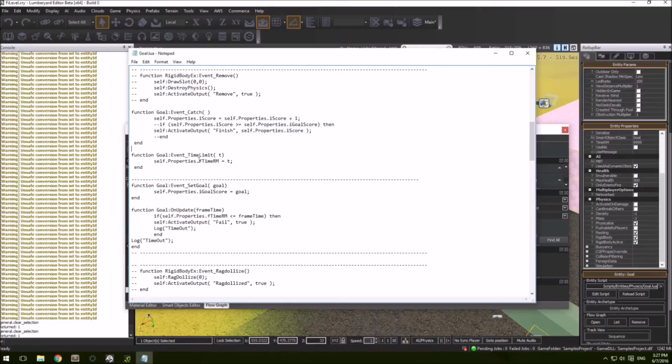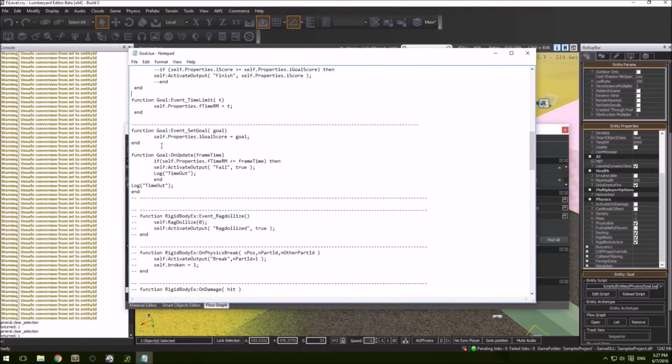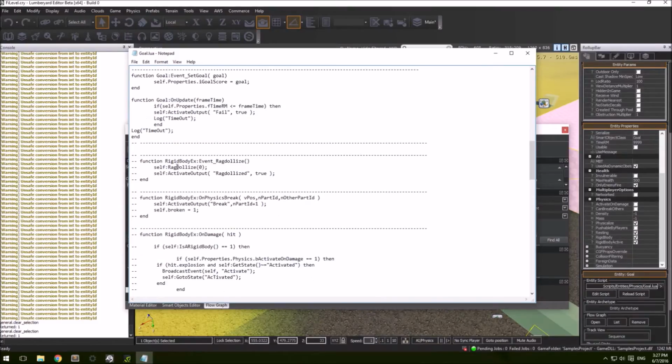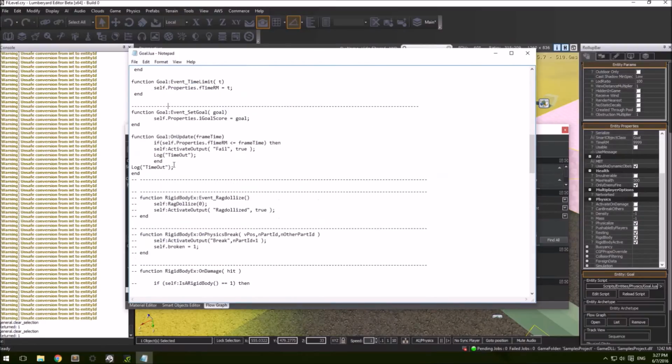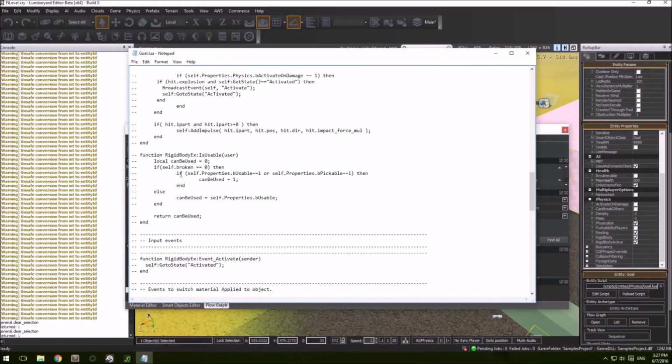Here, the catch event means catching a minion and incrementing the saved minion counter by 1. And here are some basic rigid body functions. And this is the onUpdate function for our go.